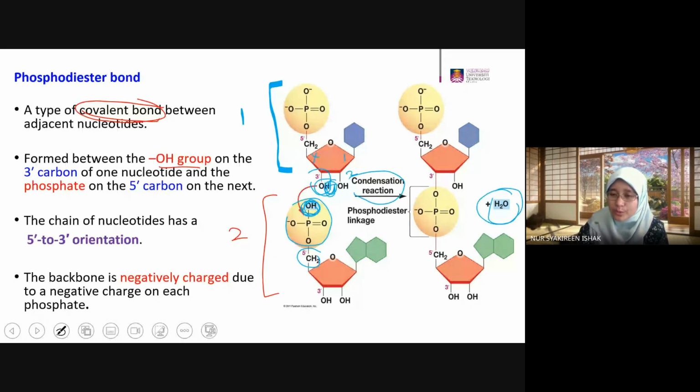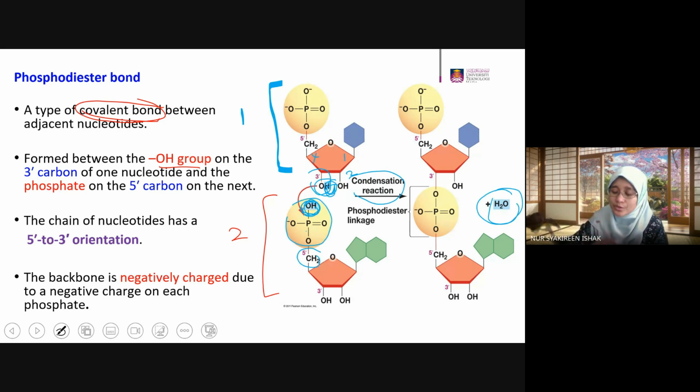Once you have removed the hydrogen atom and the OH group, then only can you attach carbon number 3 here to the phosphate. Carbon number 3 to the phosphate. So the bond will be formed between carbon number 3 of the previous nucleotide and the phosphate of the next nucleotide.